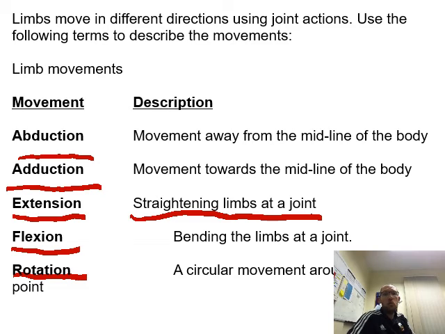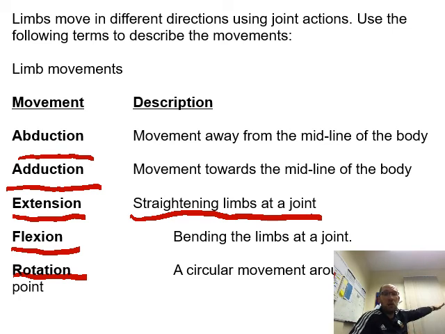So abduction, moving away from the midline of your body. Now, if you imagine the midline cuts you straight down the middle here. If you move away, it's the arm moving out, away from this midline. It's your leg moving out, away from that midline of the body. If you think of abduct, if a child is abducted, they are taken away.